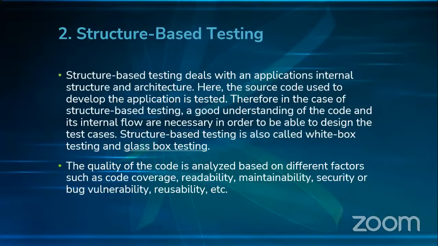Mainly at this phase, we are drilling down into automation testing. Therefore, in structure-based testing, a good understanding of the code and its internal flow is necessary in order to be able to design the test cases. So you can see how test cases are coming into play now.